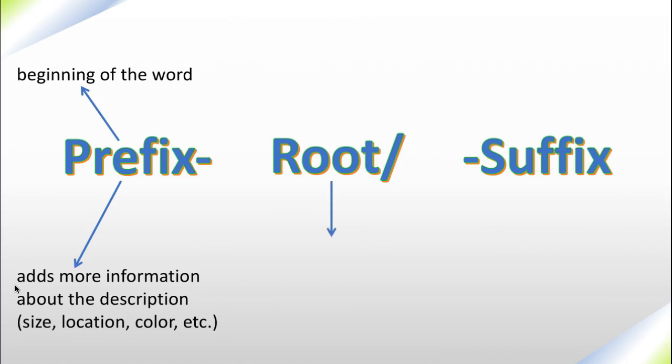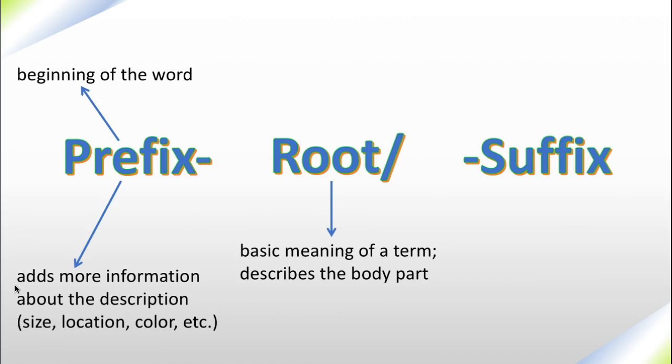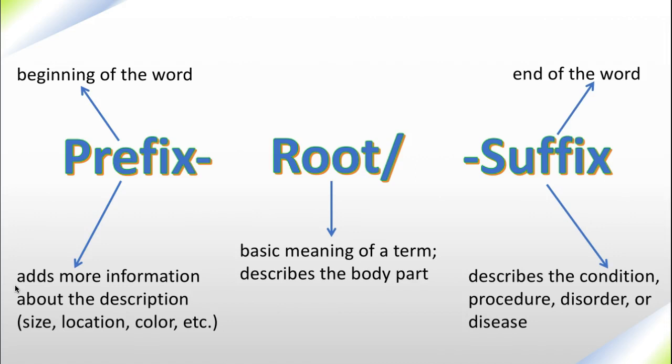The root is the basic meaning of a term. It often describes the body part. The suffix comes at the end of a word and describes the condition, procedure, disorder, or disease. Not all medical terms have a prefix, but they all have a root and a suffix.